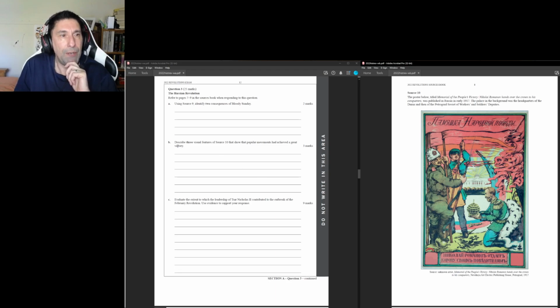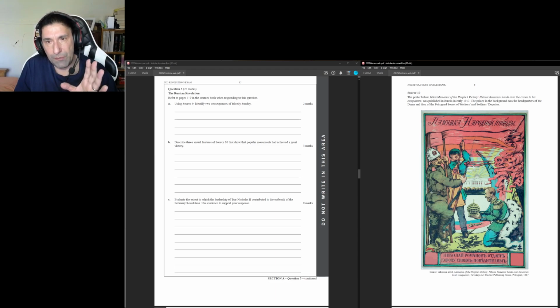All right, so describe 3 visual features of Source 10 that show that popular movements had achieved a great victory. Okay, so we start, and I would just start with something along the lines of: the 3 visual features of Source 10 that show that popular movements achieved a great victory are, 1, the Tsar kneeling in the foreground of the image, handing over his crown to the revolutionaries.